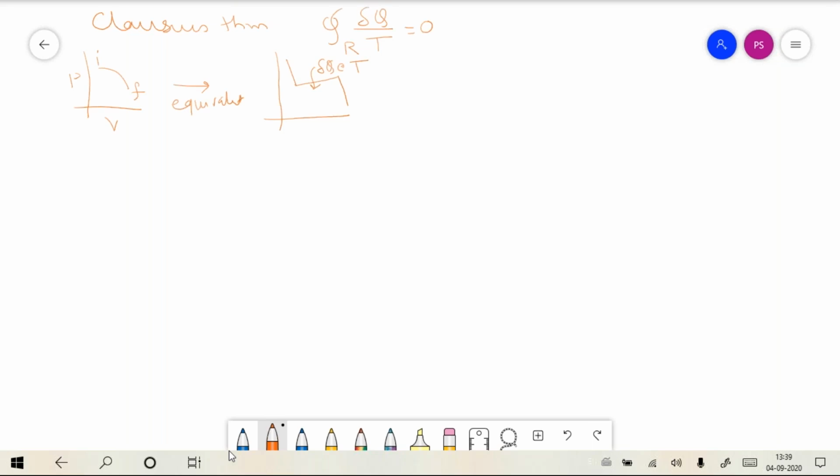So I to F, I want to prove it to be equivalent to a zigzag path. Now, how do I prove this? I apply the first law of thermodynamics to this. Q_IF is equal to U_F minus U_I plus W_IF.